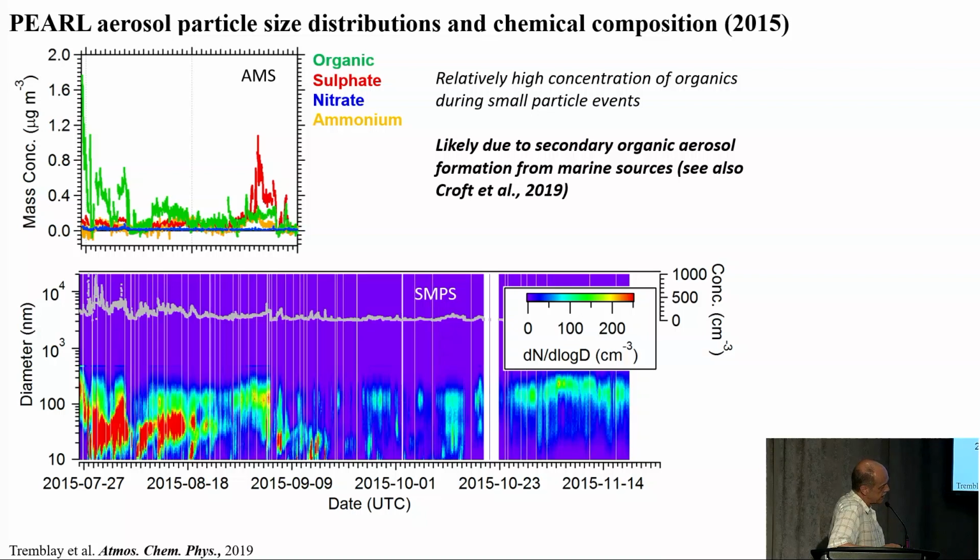On the y-axis is the diameter, time is on the x-axis, and the colors indicate the strength of the particle size distribution. Most of the particles were around 50 nanometers diameter, so about 0.025 micrometers radius, and where the PSD is strongest is due to organics.